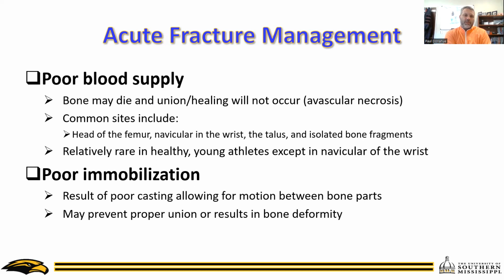So there are some acute management things that we have to be cognizant of. And again, when it comes to fractures, we typically want to leave this to our medical professionals, but just kind of being aware, if you ever were to stumble across one of your athletes having a fracture, what are some of the things I need to be careful of in the immediate care of that, to make sure that we don't run into any future problems, right?